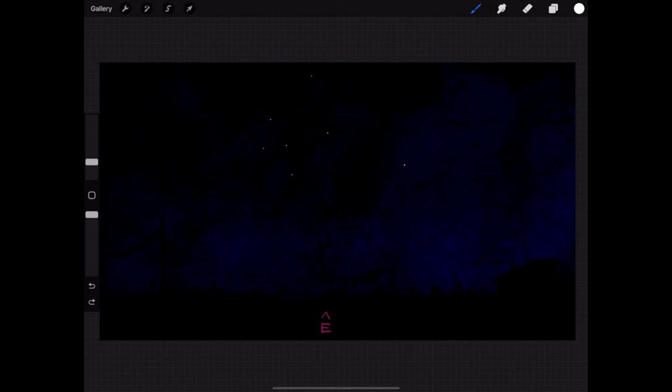And you can see how this makes a cross shape. Sort of like that. And that is another asterism. That's not part of a constellation. It's not a constellation on its own, but it is part of one.